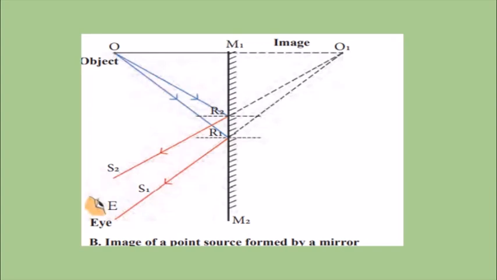So when these reflected rays are extended behind the mirror and they meet at O1, when seen from the eyes, the rays appear to be coming from O1. The other rays starting from O also get reflected and appear to be coming from O1. So actually O1 is our image of the point O. So the reflected rays do not actually meet, hence such an image is called the virtual image.